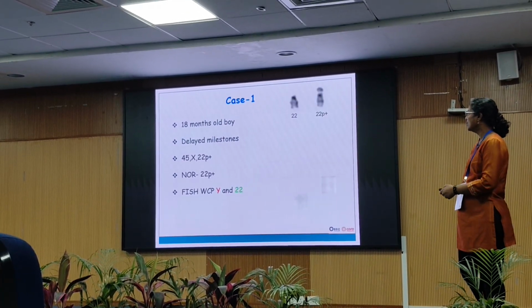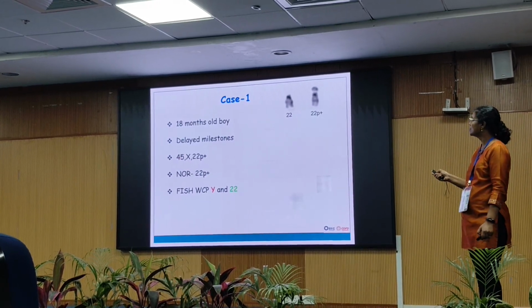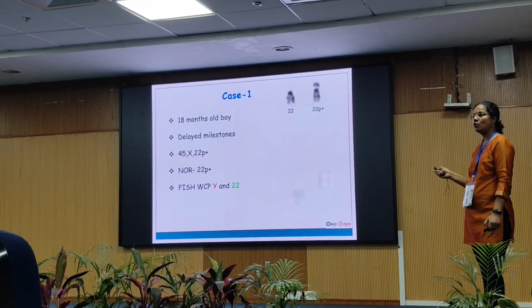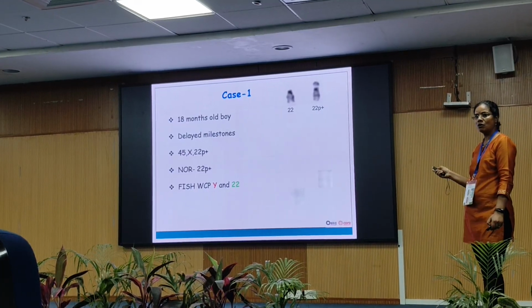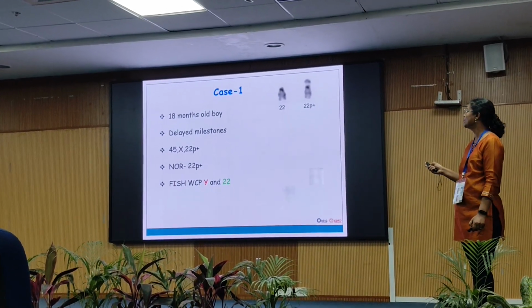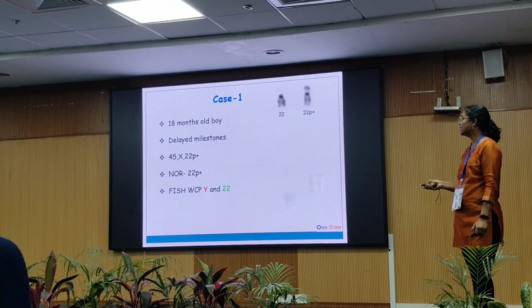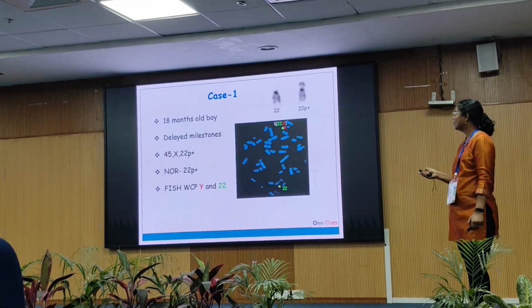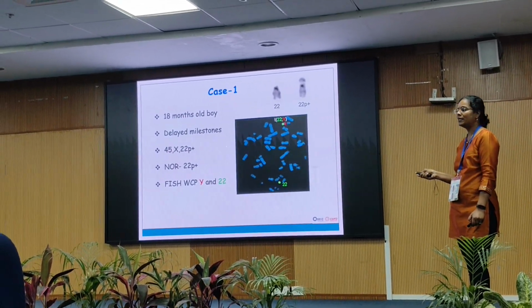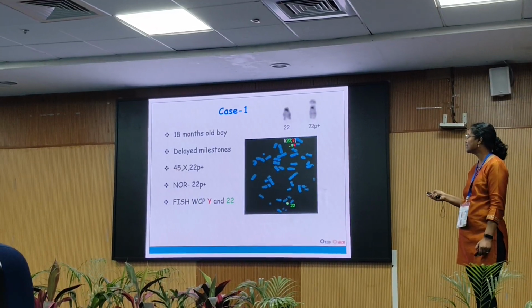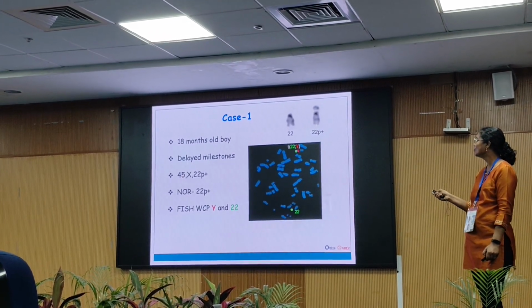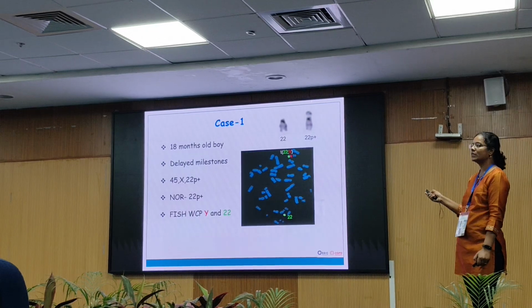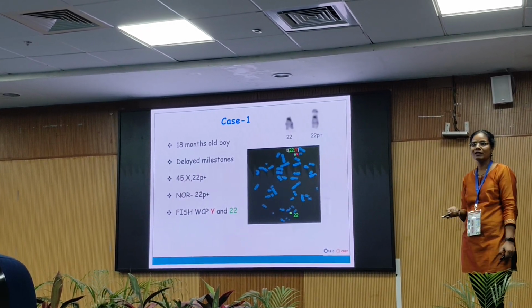See, this is the region, 22p+. NOR showed that it is not an acrocentric region, it is a euchromatic region. Because the Y is present here, we then did a whole chromosome paint using Y with 22. You can see that this derivative chromosome is nothing but Y sitting over 22. That is why it is making him 45, and he was normal.